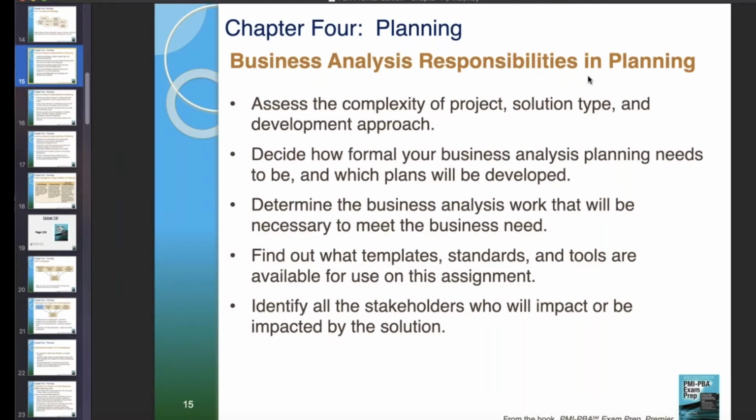Business analysis, responsibilities, and planning. Assess the complexity of the project, solution type, and development approach. Decide how formal your business analysis planning needs to be and which plans will be developed. Basically, you don't want to be more formal than necessary. Determine the business analysis work that will be necessary to meet the business need.